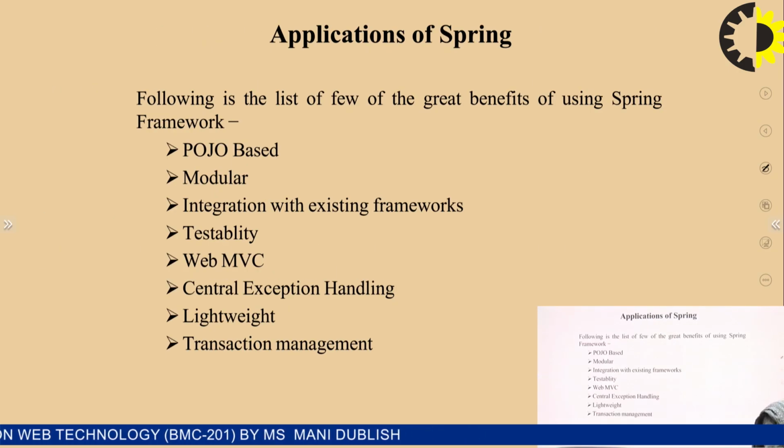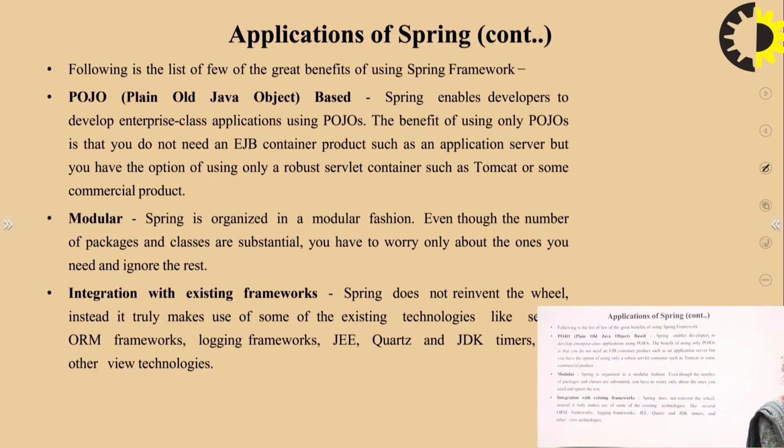Now, the benefits of using the Spring framework are POJO, modular, integration with existing frameworks, testability, Web MVC, central exception handling, lightweight, and transaction management. POJO means plain old Java object model based. Spring enables developers to develop enterprise class applications using POJOs.